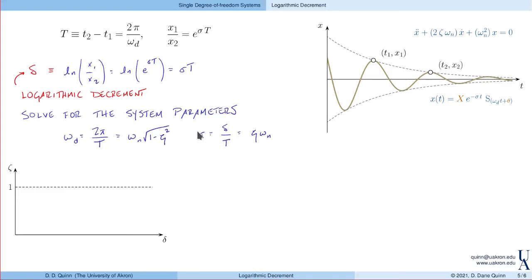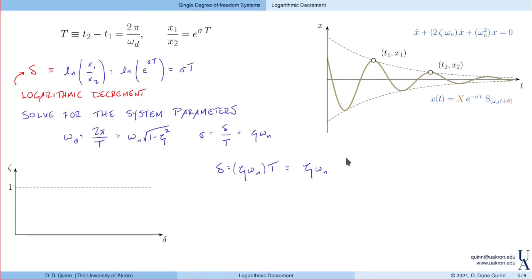Right, so let's look at our expression for the logarithmic decrement first. Right here, delta is equal to zeta omega n times t. Well, from here, we find that the period t can be written in terms of zeta and omega n using this relationship.